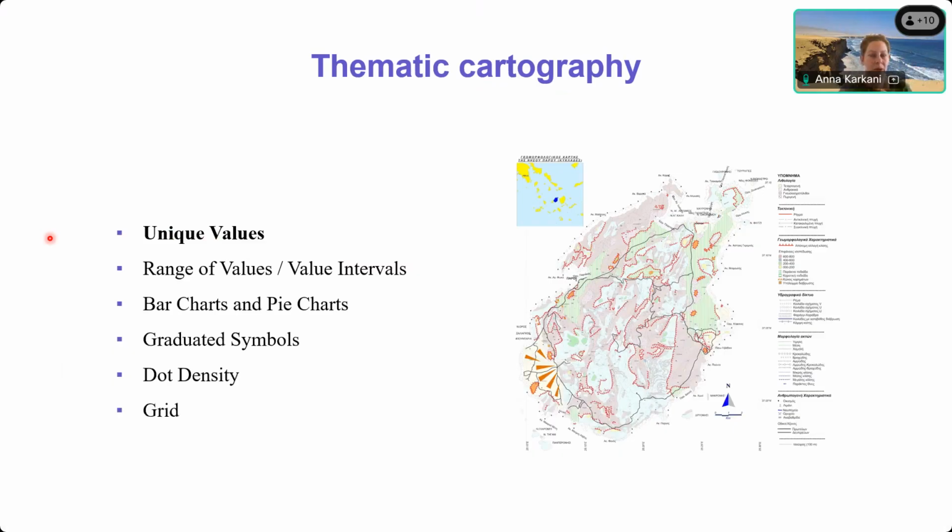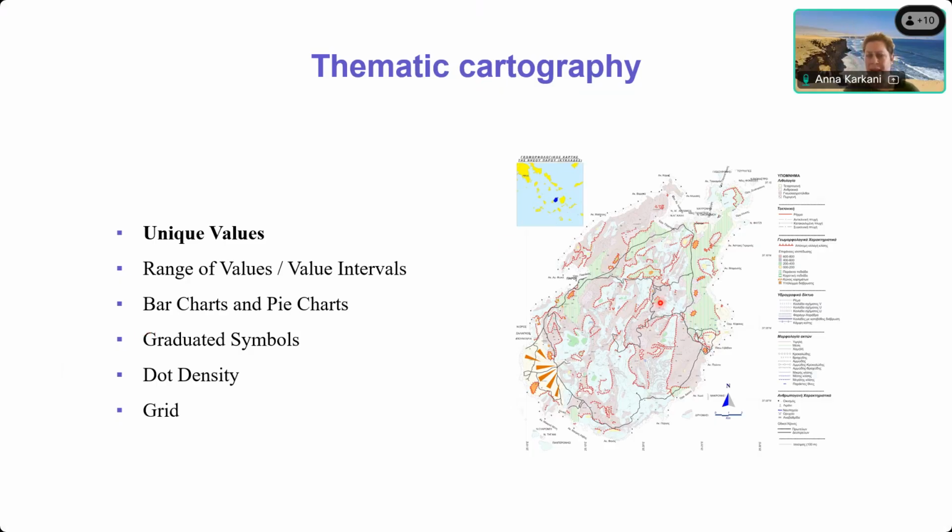The field where we take the information can be either numerical or nominal, and the unique values method is a quite common thematic cartography method that we use, especially in the geosciences, because, for instance, a very characteristic example is the representation of geological formations on a map. This is the way that we represent these types of features.